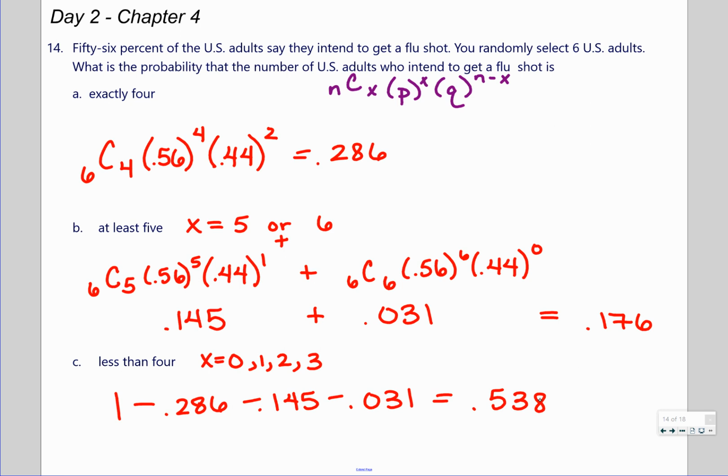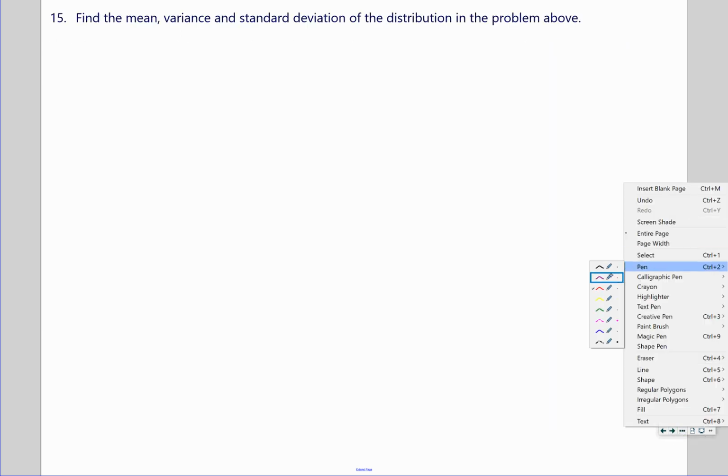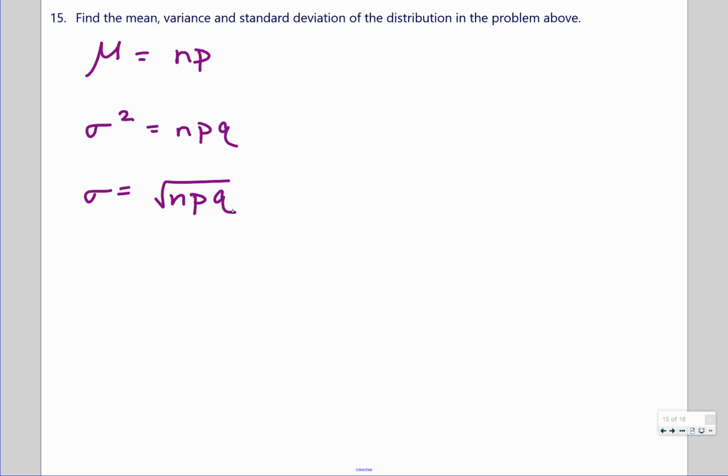Okay. Next one, number 15, is just using the information from the previous problem to find the mean, the variance, and the standard deviation. These were the really easy ones that we did. We write the formulas down here. So mean was np, variance was npq, and then standard deviation, as usual, is the square root of that variance.